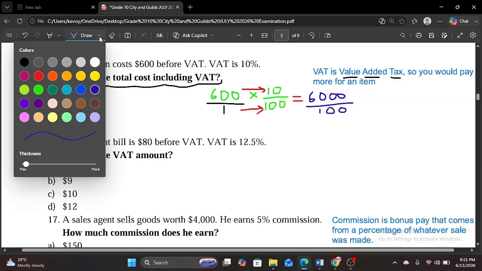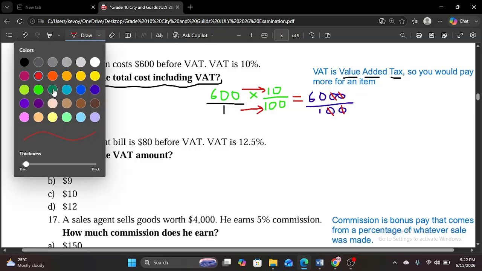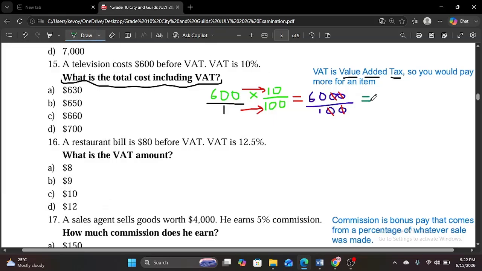And we cancel our zeros at the bottom and the top. So that's 1 from the bottom and 1 from the top, another from the bottom, another from the top. So what we have remaining is going to be equal to 60. Therefore, this is my VAT.